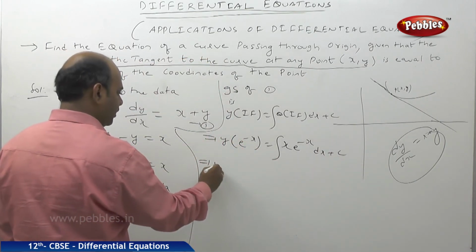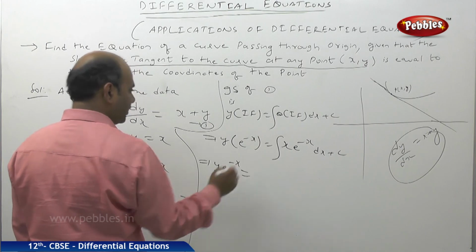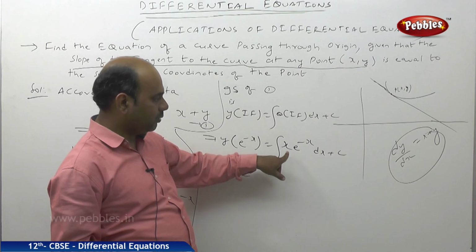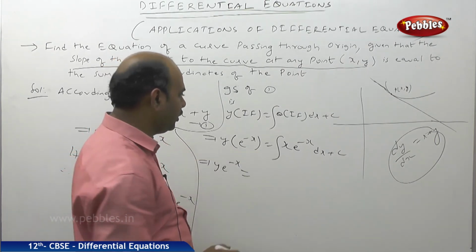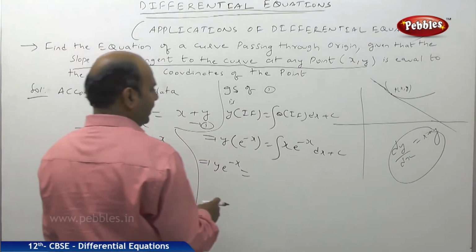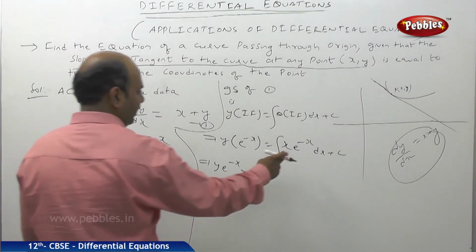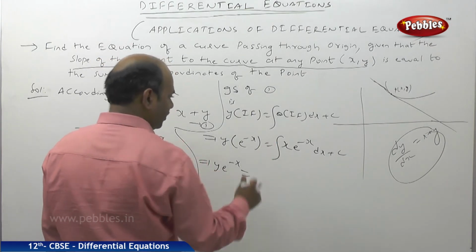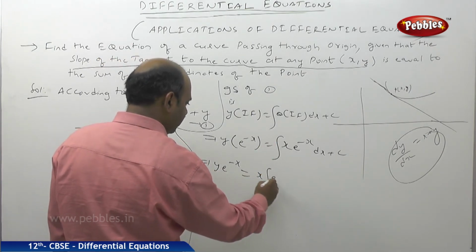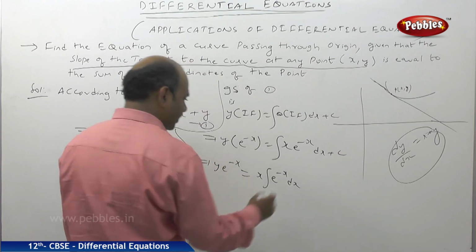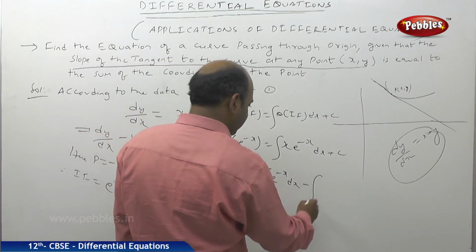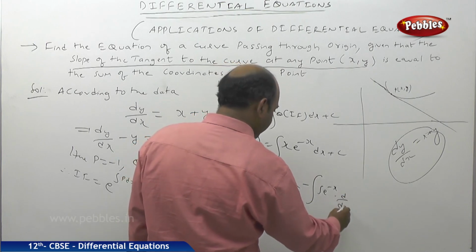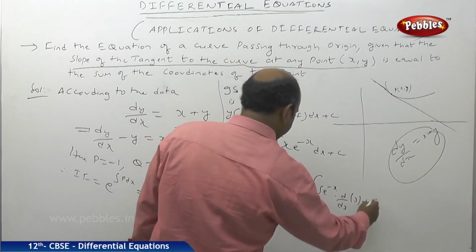So y into e power minus x is equal to, again here the UV rule only, no? UV rule means we need to use ILATE. E for exponential function and x for algebraic function, so the first function is x. So x into integral of e power minus x dx minus integral of integral e power minus x dx into d by dx of x, plus c.